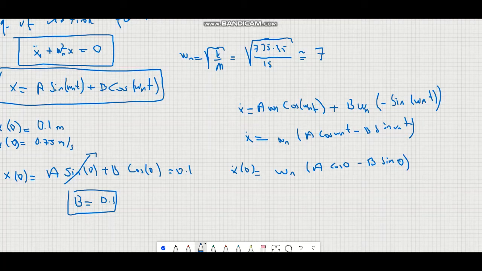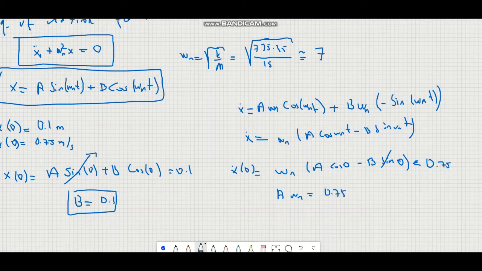We know that x dot when the time is 0 is 0.75 meter per second. So let's just write 0.75 on the right hand side. And we know that sine 0 is 0, and cosine 0 is 1. So we can state that A times the natural frequency is going to be equal to 0.75.